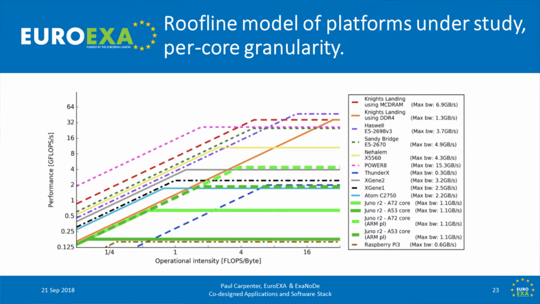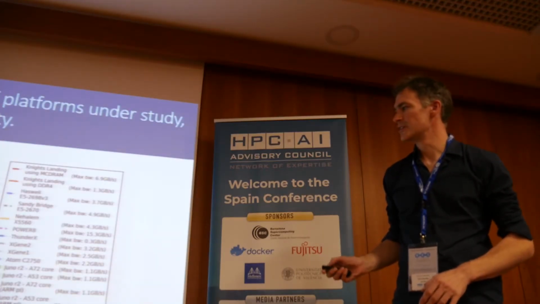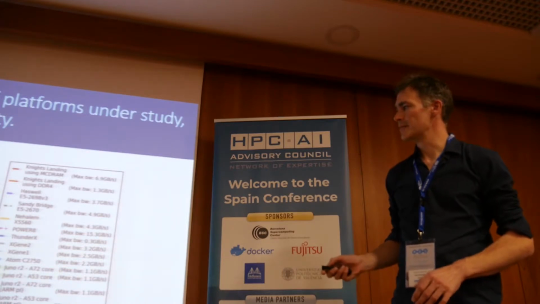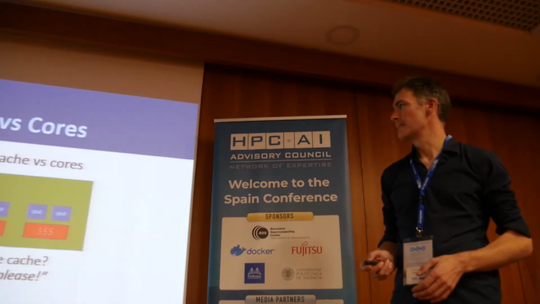I won't go into a lot of detail here, but this was a kind of roofline analysis, which I guess you have all seen with lots of different machines. I'm not quite sure where ExaNoDe fits on there because we haven't drawn it yet. So let's look at what everyone else is doing. We see an enormous range in terms of memory bandwidth and flops, but we can position ourselves against that.